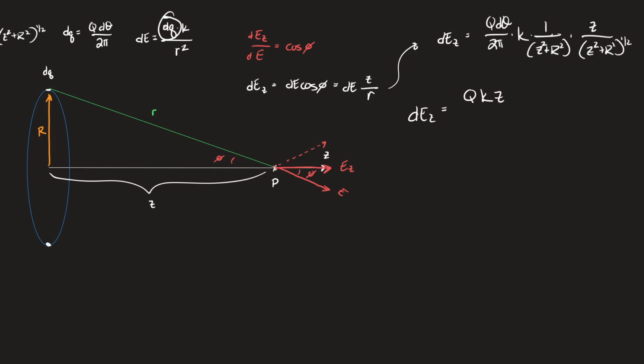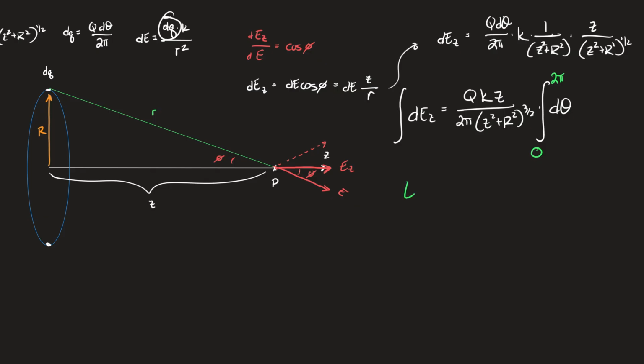That's all the top parts. And then 2 pi is a constant, and z squared plus R squared to the 3/2, all constants, times d theta. There we go. Now, integrate. And what are we going to integrate? We're going to take this from 0 to 2 pi.